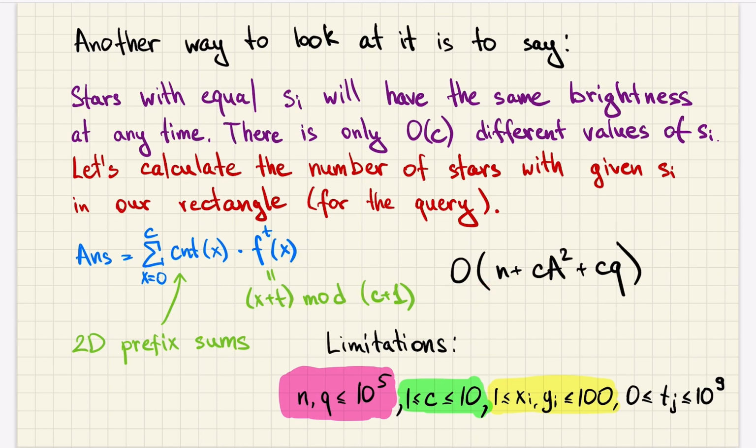Then for each Ci we need to calculate those prefix sums to be able to answer the number of points in a subrectangle. So it's c times calculating prefix sums, and then for each query calculating the sum of c plus 1 values. Just a different way, might be easier for some people.